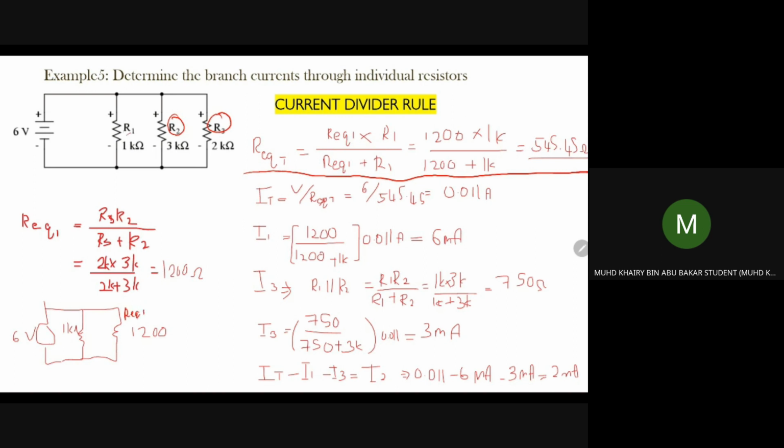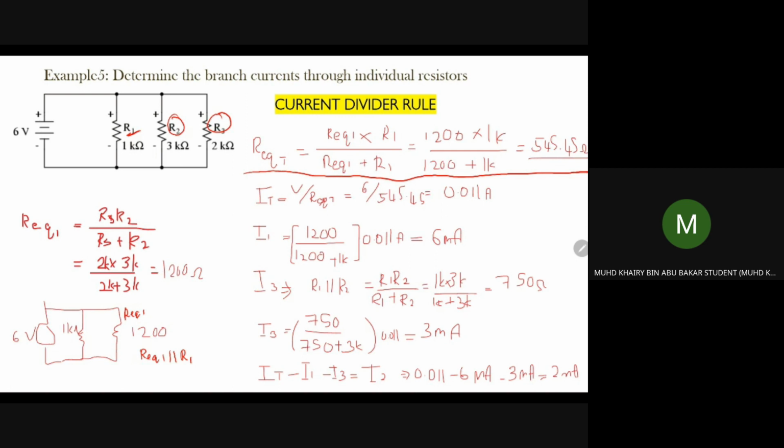Then you have another one over here. Put R equivalent 1 in parallel with R1, and you get R equivalent total. R equivalent total is equal to R equivalent 1 times R1 over R equivalent 1 plus R1.